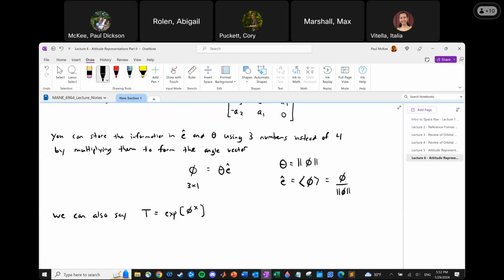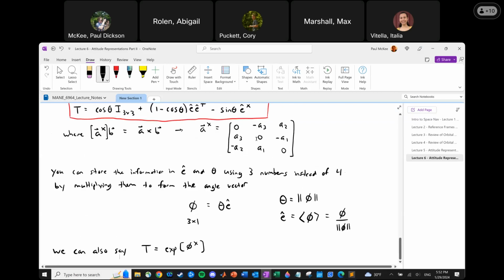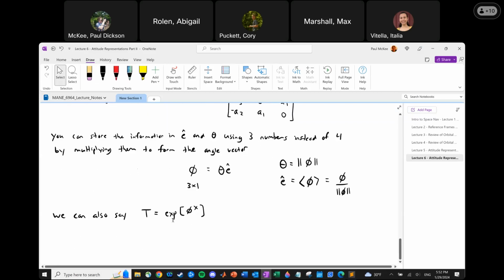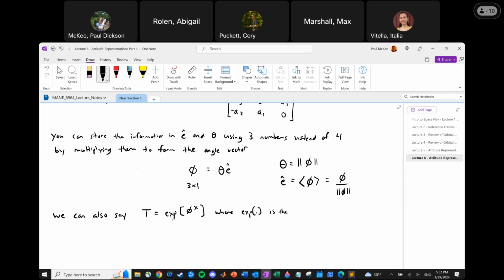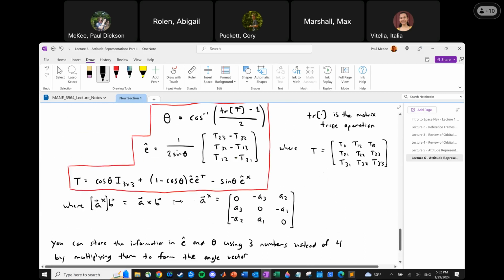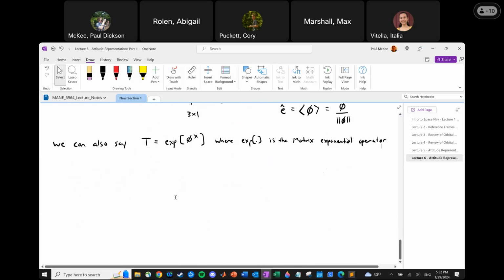So if you take phi, you do this to it, you get a cross product matrix, and then you take the matrix exponential of that, you get back to T. Where exponential like this is the matrix exponential operator. This is true mathematically, and it's kind of like a, hey, gee whiz, that's neat. We're not going to use it very much. We're mostly going to rely on these equations that I've boxed in red. Those are kind of the ones that matter here.